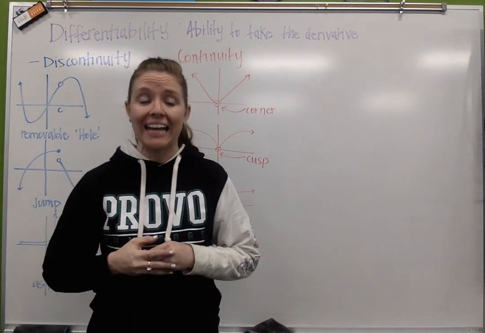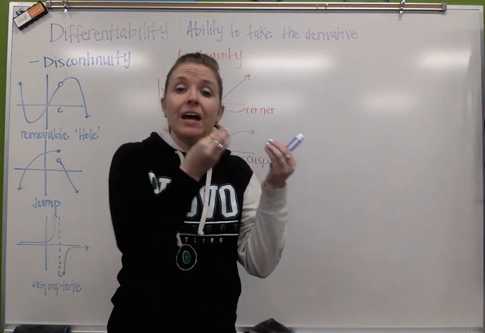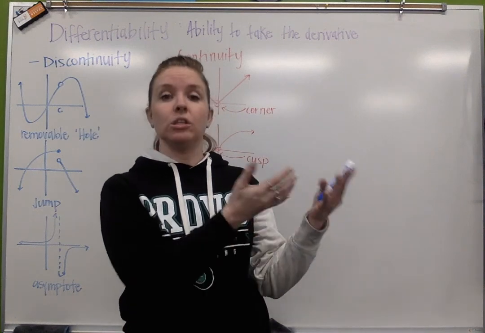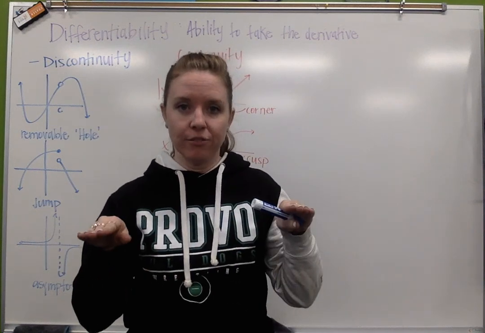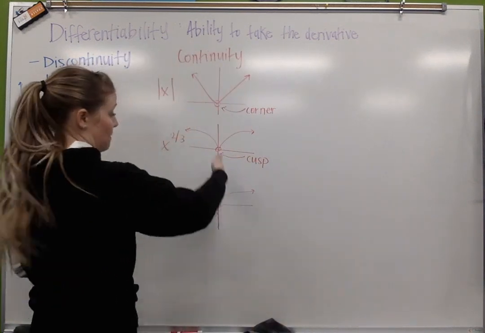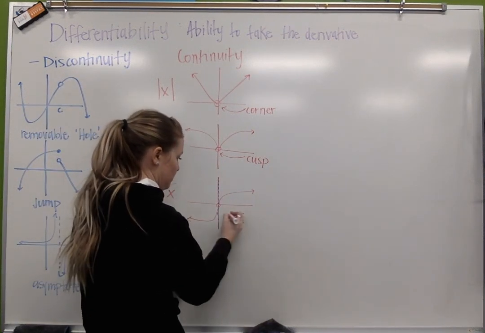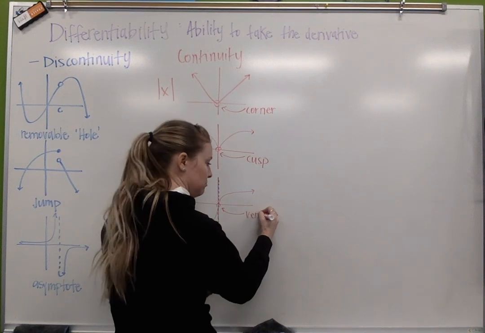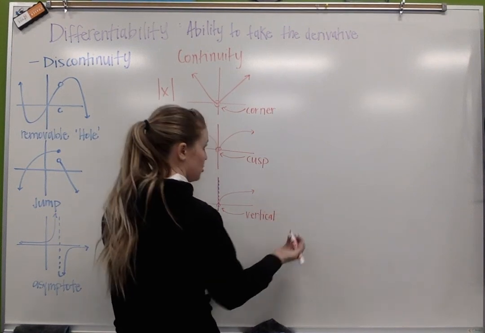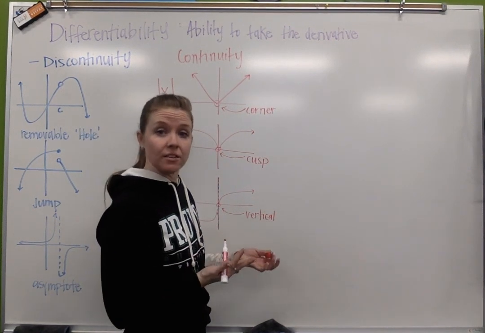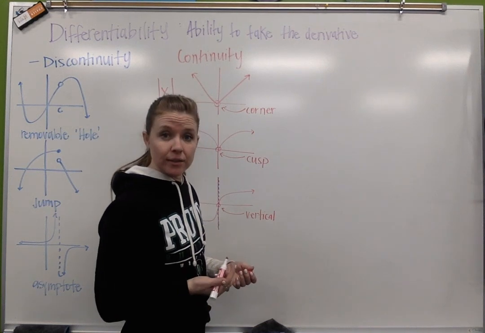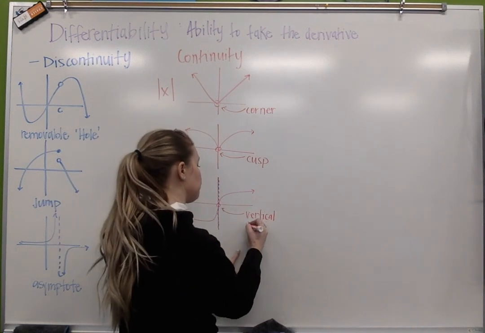And vertical lines, they don't have a defined slope. The slope is literally undefined. So because of this vertical tangent, we have an issue. Again, vertical lines, they have an undefined slope. Slope is derivative, so if the slope is undefined, the derivative is undefined. Make sense, right?